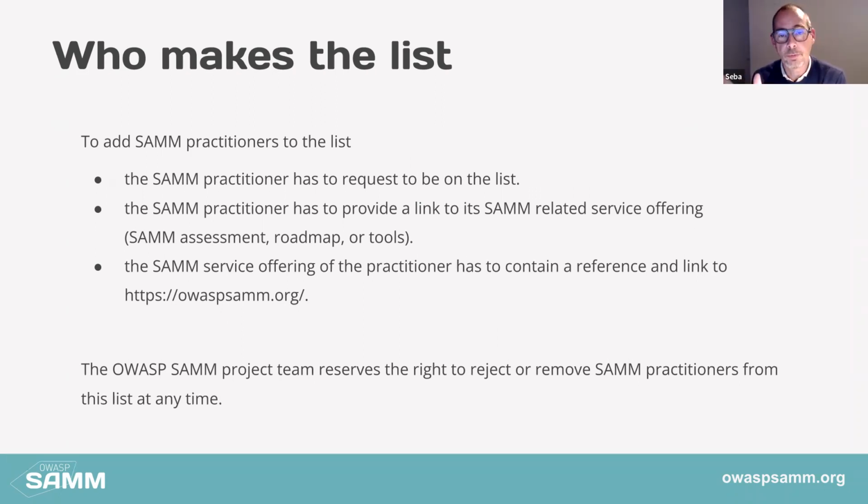There's a contact form on the website, or you can send an email to info@owaspsam.org. What you have to provide to us is a link towards the service description of your organization that we can link to, and that's actually the link we provide. And you should at least have a backlink to owaspsam.org on that particular page. So these are the basic criteria.